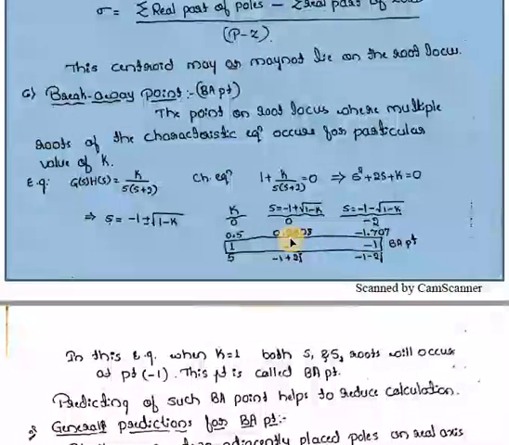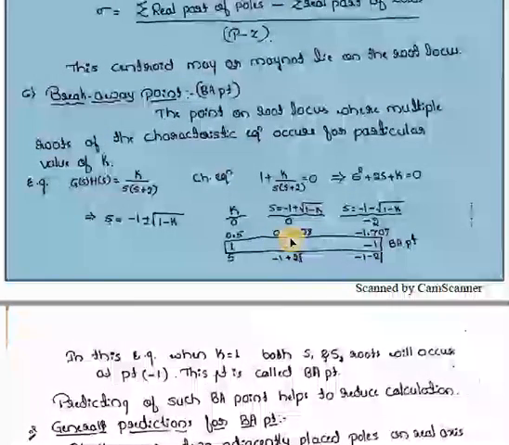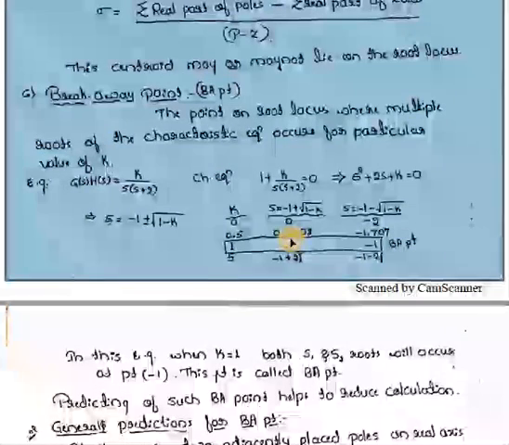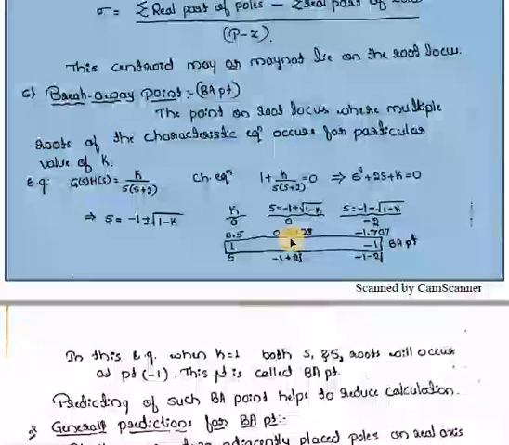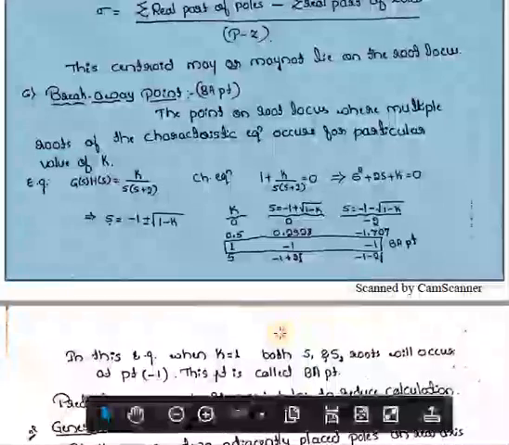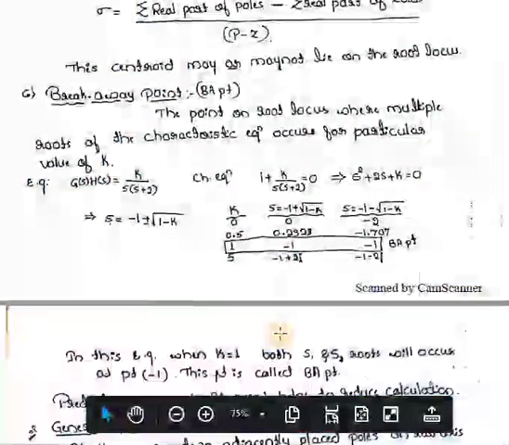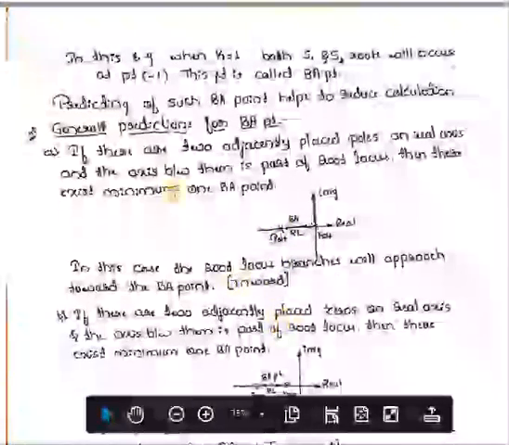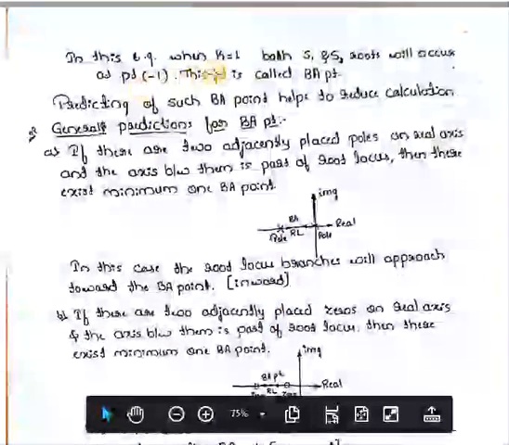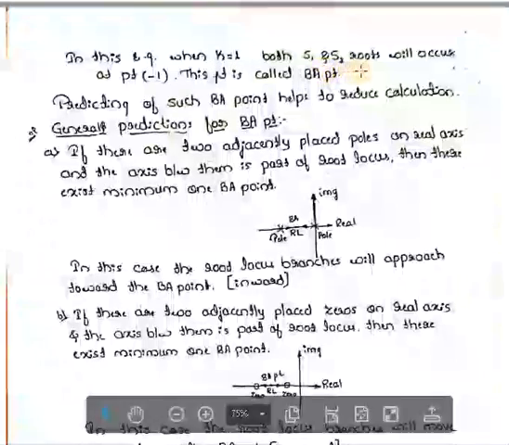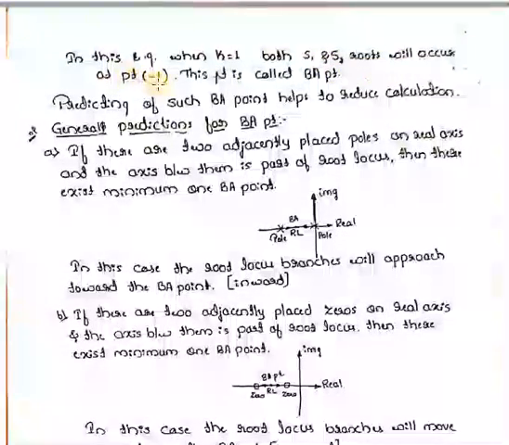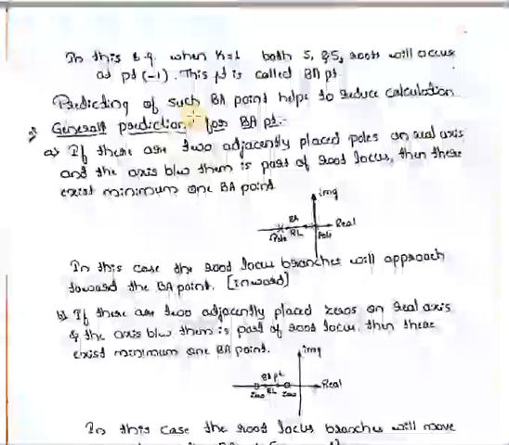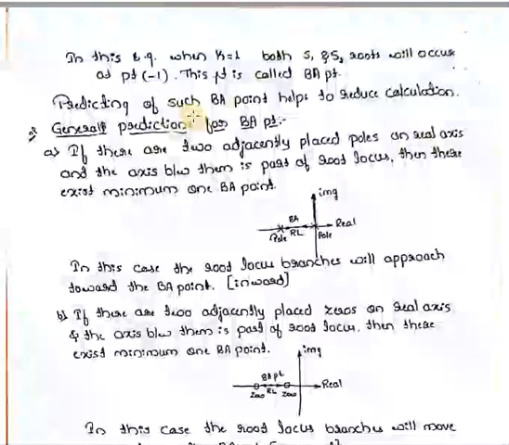Remember, the breakaway point should lie on the root locus part. There are three steps to determine the exact location of the breakaway point. In this equation, when k equals 1, both s1 and s2 occur at the point minus 1. So this point is called the breakaway point. Predicting such a breakaway point helps to reduce the calculation.